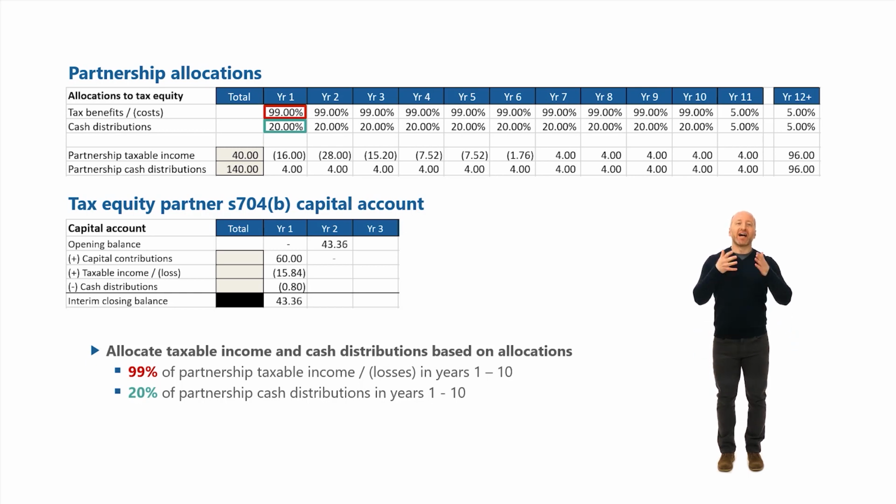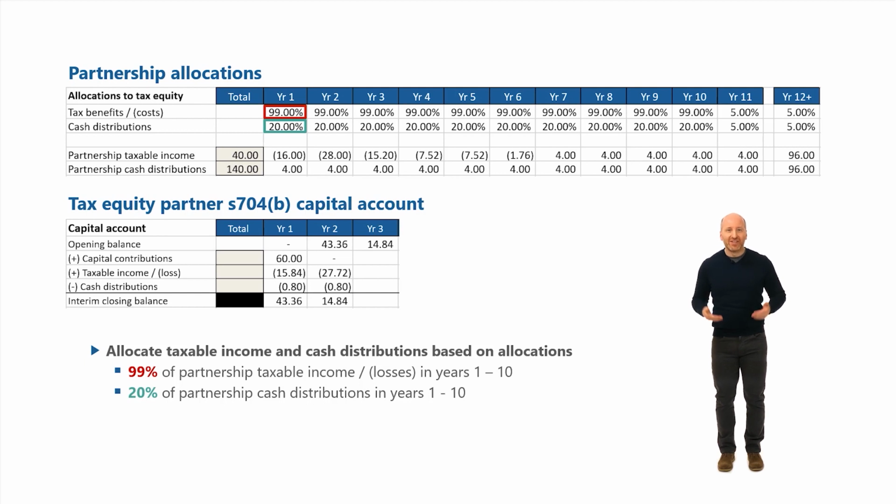In year 2, again, they're going to be allocated 99% of the $28 million in losses from the partnership, and that will reduce their capital account by $27.72 million. And they will also be allocated 20% of the $4 million of cash distributions, or $0.8 million. So they will end with a closing balance in their capital account of $14.84 million.